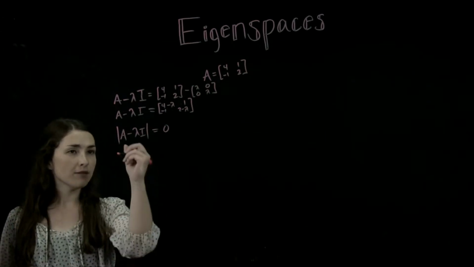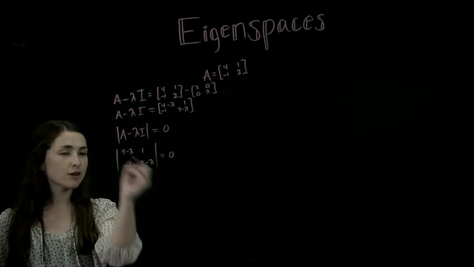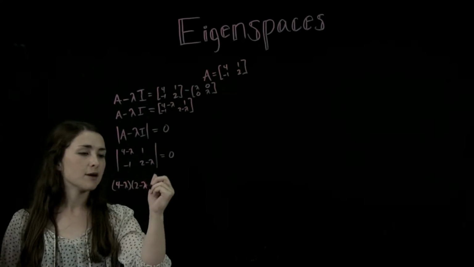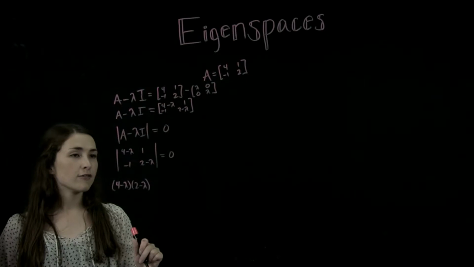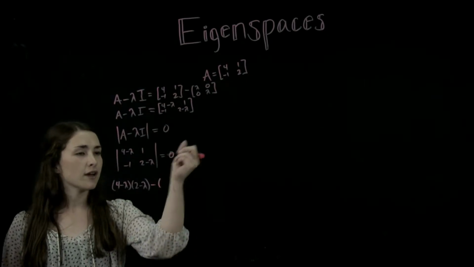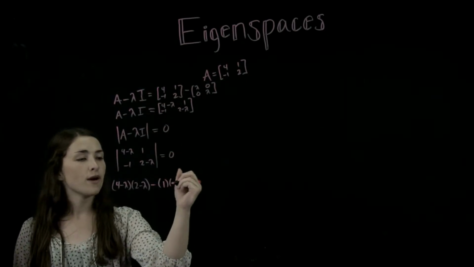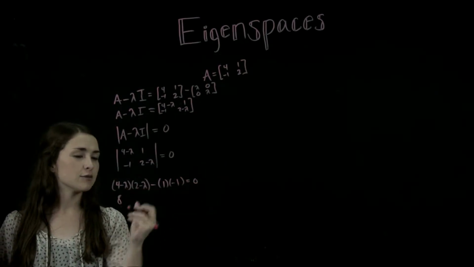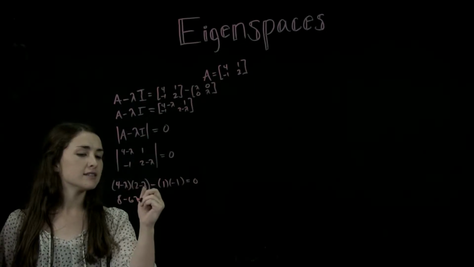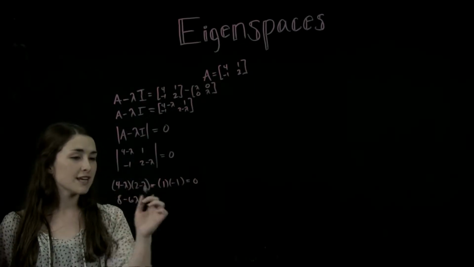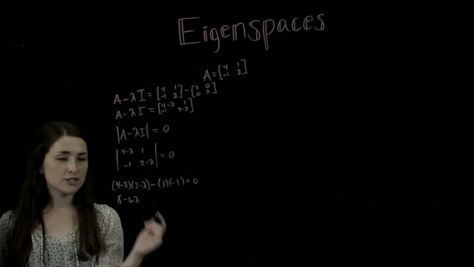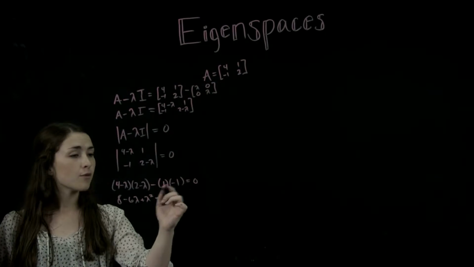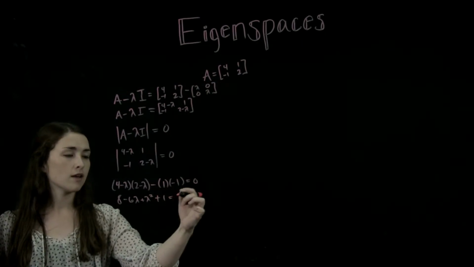So what's the determinant? If we take the determinant of this, we're going to have 4 minus lambda times 2 minus lambda, multiplying down the diagonal going from left to right. Then we're going to subtract the product of the diagonal going from right to left. So 1 times -1, let that equal to 0. So we're going to have 8, 2 times 4, and then minus 6 lambda, which is 4 times negative lambda, so -4 lambda minus 2 lambda, plus lambda squared, minus 1 times -1, which is going to be plus 1, equals 0.